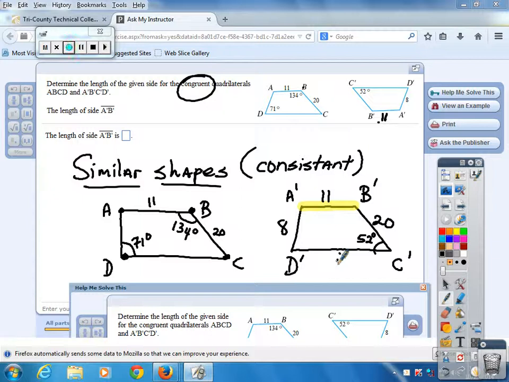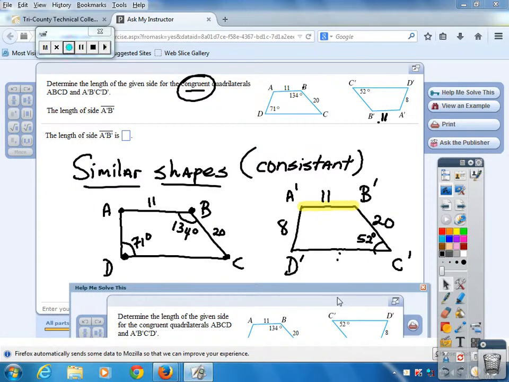We can't find that distance unless we use trig. So the congruent means same. This is not the problem I thought it was. The problem I thought it was similar where you set a side equal to x, but they're just asking you for congruency. That means the same. 11 is to 11 and 20 is to 20.